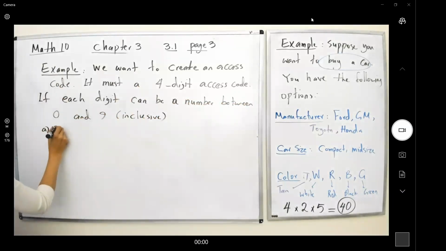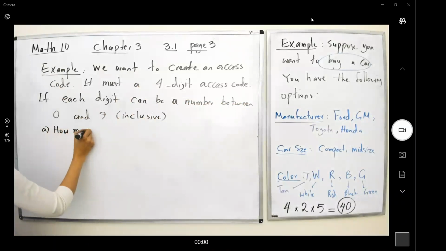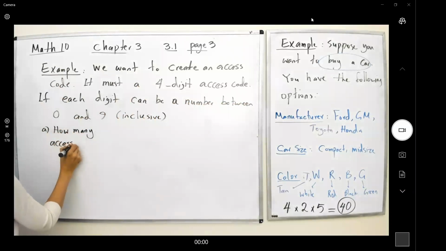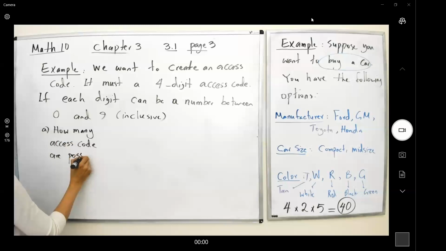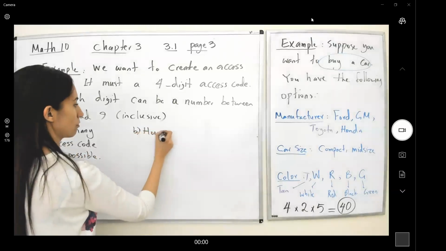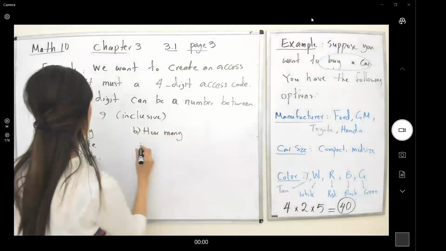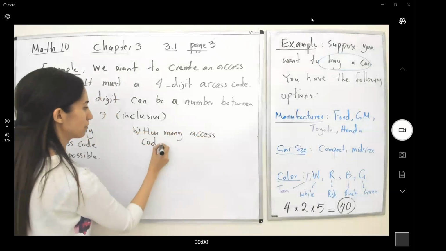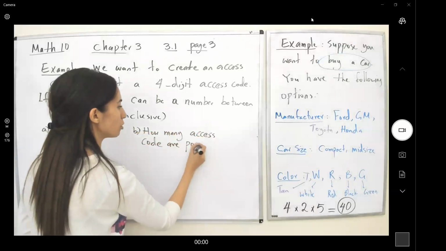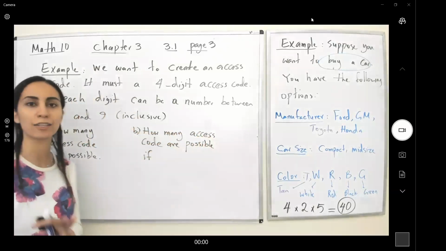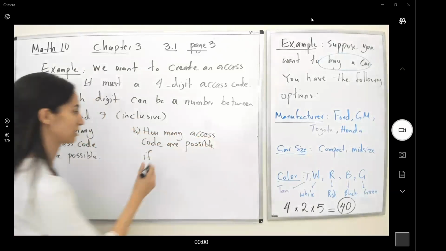First of all, how many access codes are possible? B, how many access codes are possible if you cannot repeat the digits?